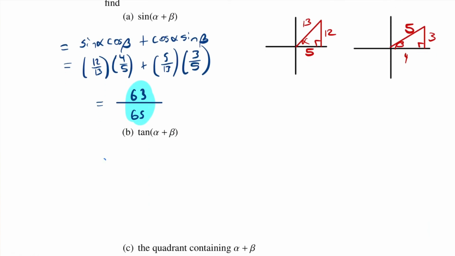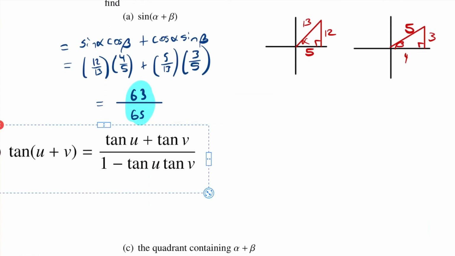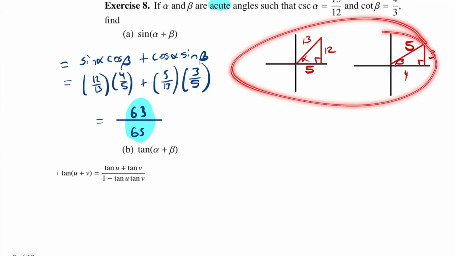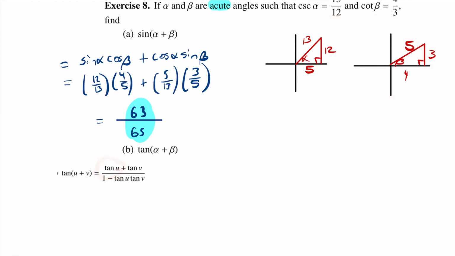So tangent of alpha. We just change these to alpha, beta, alpha, beta. Tangent of alpha is opposite over adjacent, so that's 12/5. Plus tangent of beta, 3/4, over 1 minus 12/5 times 3/4.